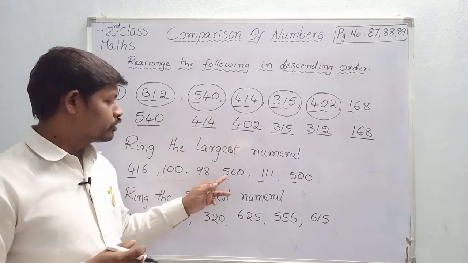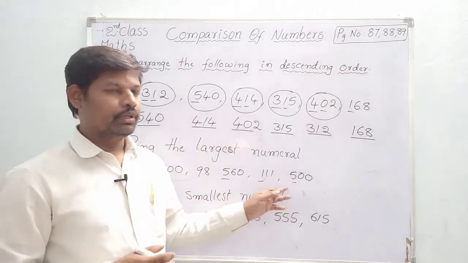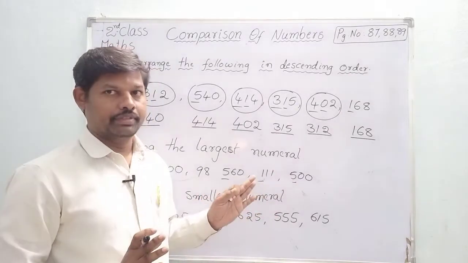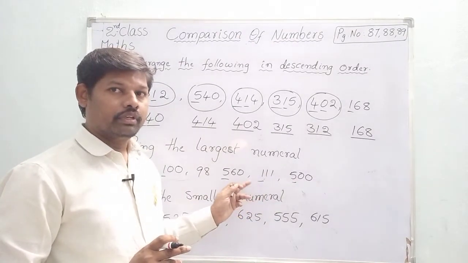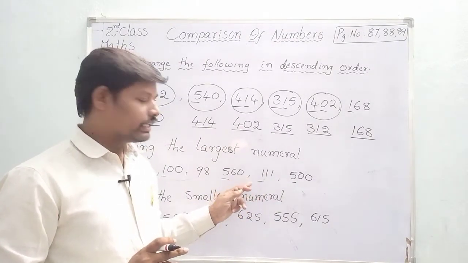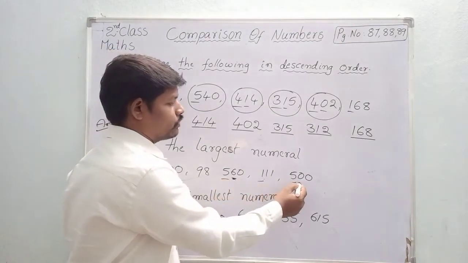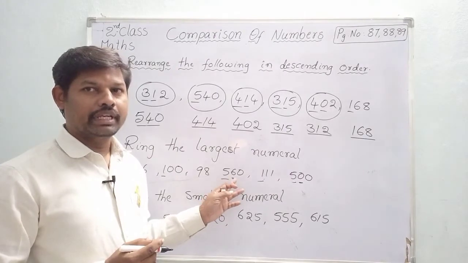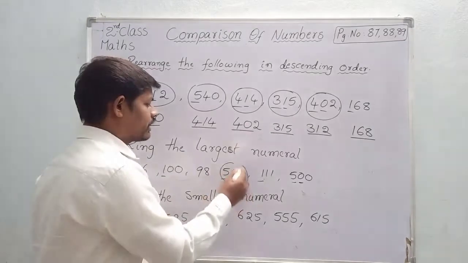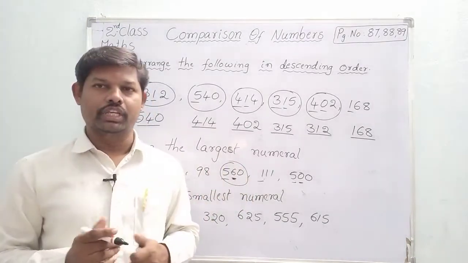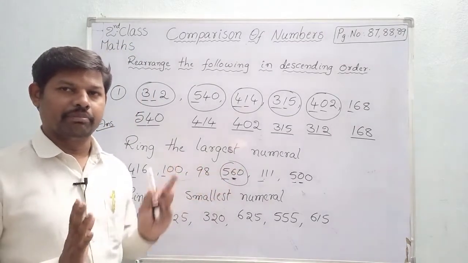Okay, so in two numbers we have 5 in hundreds place. So these two are the big numbers first. Then we have to compare these two numbers. So compare the tens place also. What is the digit in tens place? 6. Here 0. 6 is bigger than 0. So we have to circle this number. 560 is the largest number in the given set.